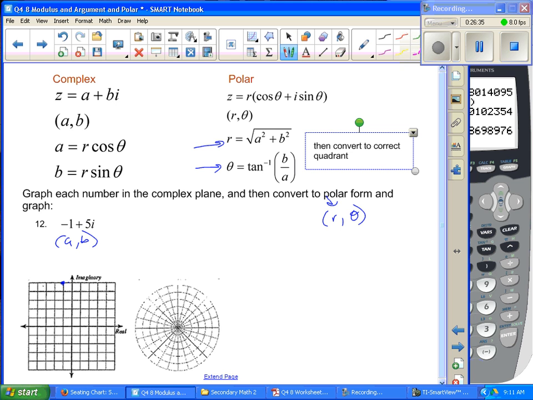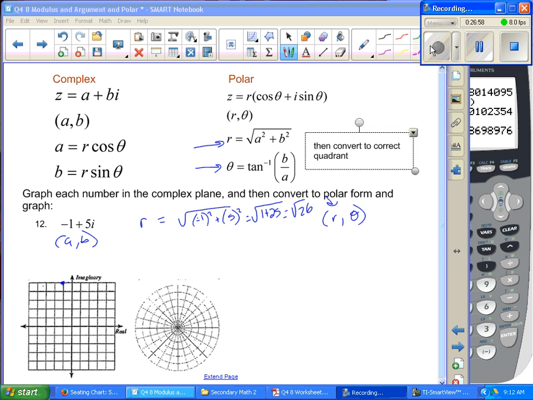So to convert this one, I'm just going to find my r. To get my r, I say the square root of my a, which is -1, so -1 squared, plus the b, which is 5. So I get root of 1 plus 25, which is root 26. So my r is root 26.